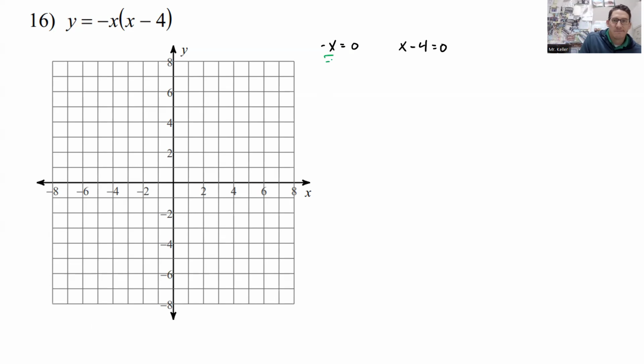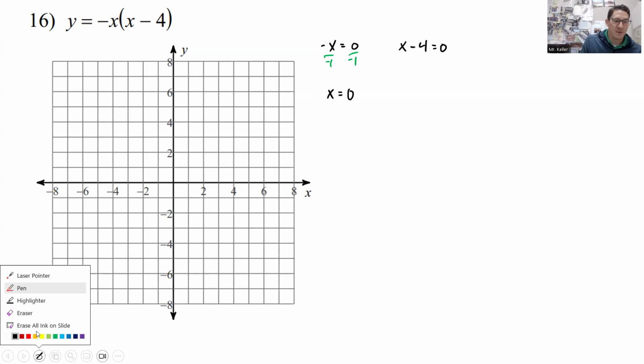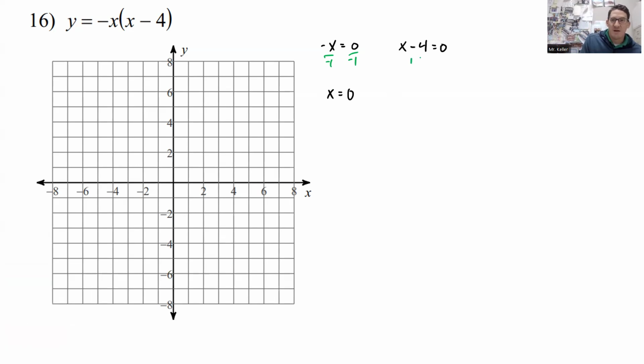It doesn't really change anything, but I know kids will get confused: how do you get rid of that negative? Negative x divided by -1 is positive x. 0 divided by -1 is 0. You don't need to show any work on that. That one's pretty easy. This one here, add 4. So you get x equals 4.